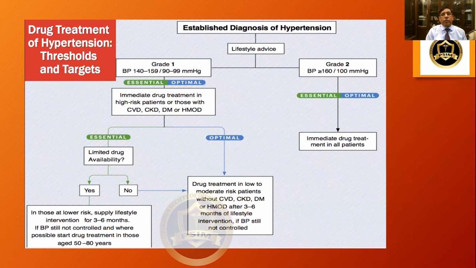But optimal would be that in these patients, after observing for a 3 to 6 month period, if they don't have any risk factor, you start treatment after 3 to 6 months, or if they do have risk factors, you go for treatment there and then. But for all grade 2 hypertensives, it is essential that immediate drug treatment should be started. This is what ISH is recommending.